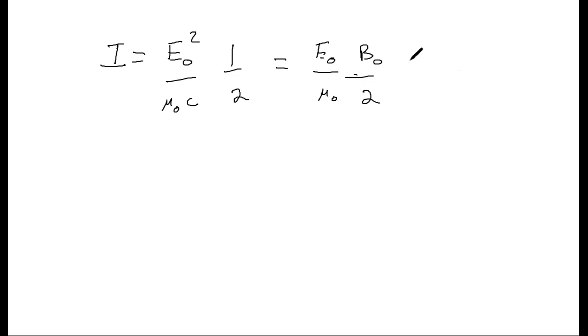Or if you prefer, you can think of that as the RMS value of E times the RMS value of B over mu naught, just like we did when looking at the average EMF in an AC generator.